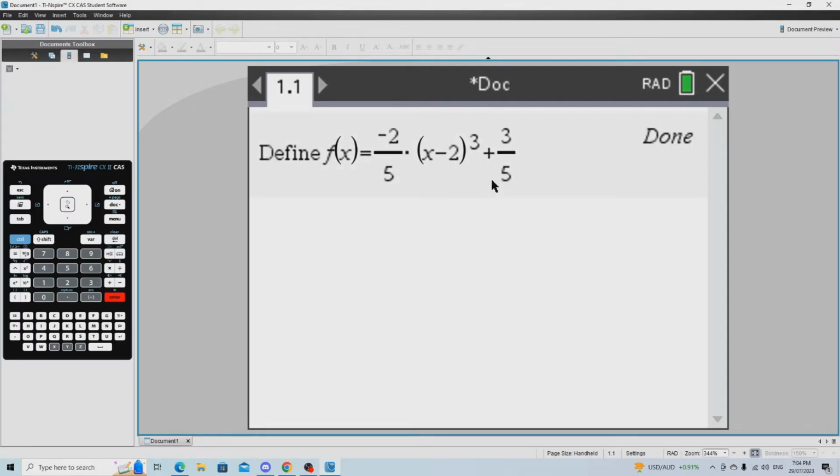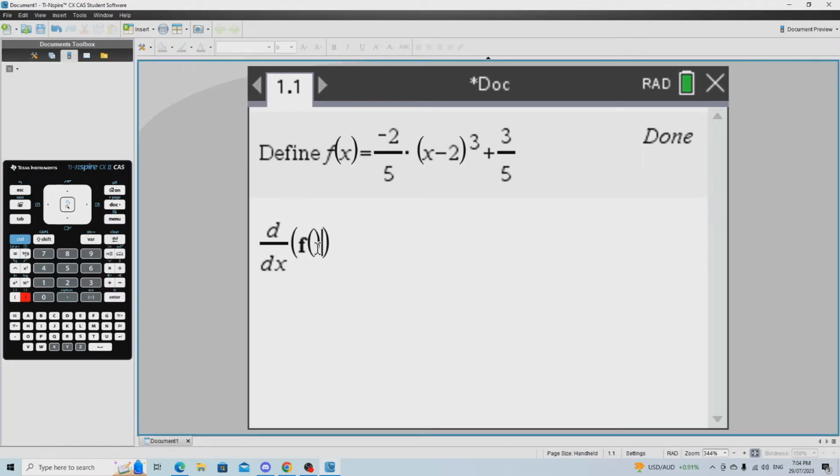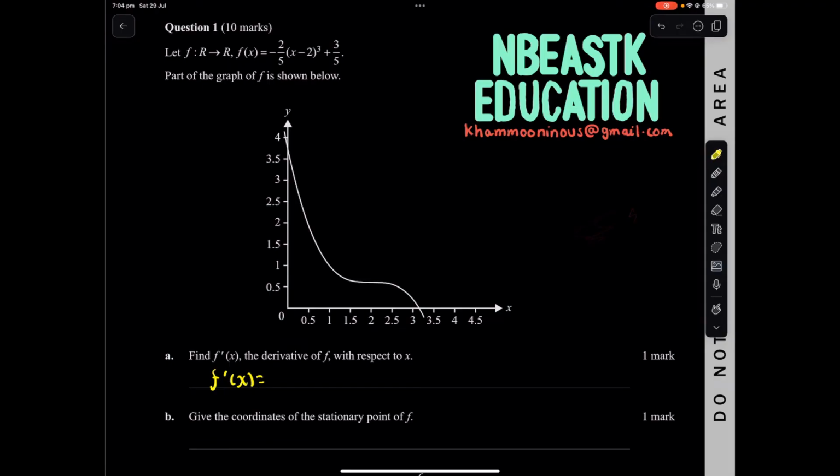Okay, so we want to find f dash of x. Okay, this is your answer. So, let's write that: f dash of x equals negative 6x squared over 5 plus 24x over 5 minus 24 over 5.